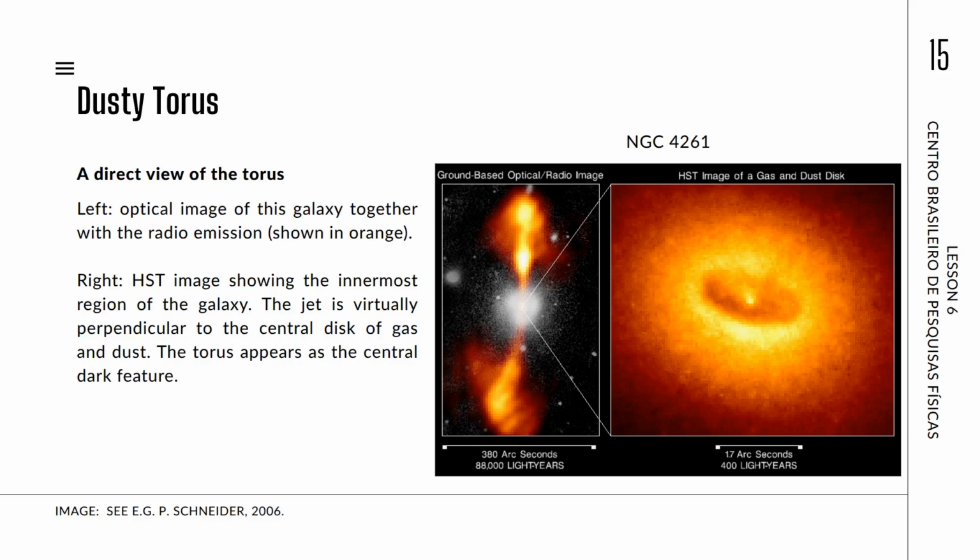The torus is the black region, not the white region. Yes, the dark one. What is the rest of the region? Stars. It's the central part of the galaxy, like the core of the galaxy.